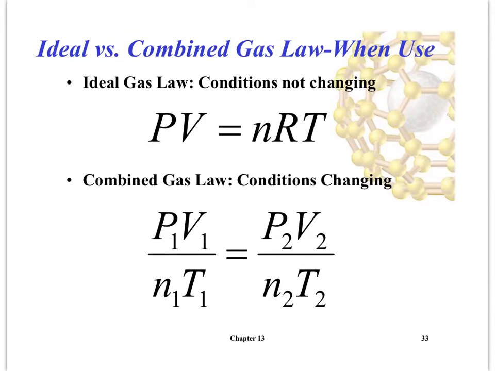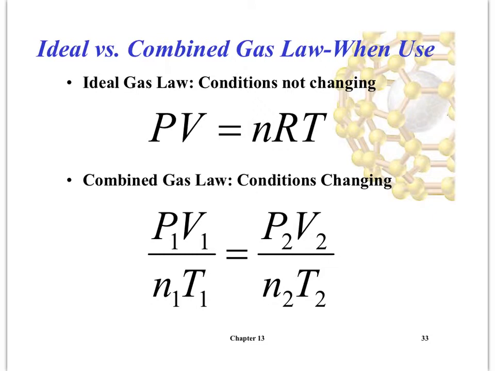So looking at the ideal gas law, PV equals nRT, and the combined gas law, when would you use which one? Well, the ideal gas law, you would use if you don't have changing conditions. You have only one gas and you have three of the four variables. So R is a constant, you know that. So we have four variables.